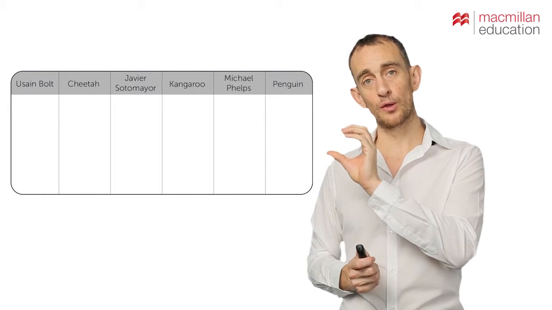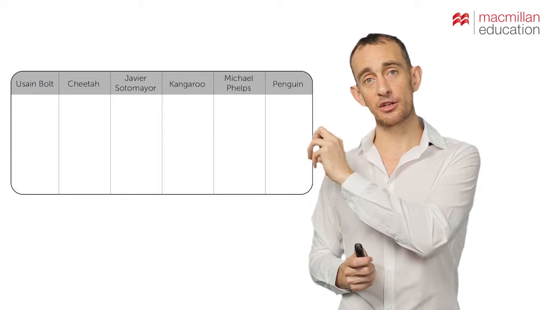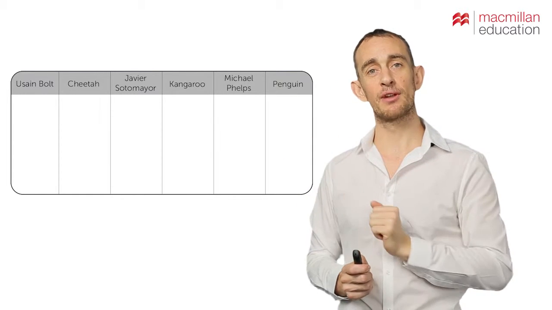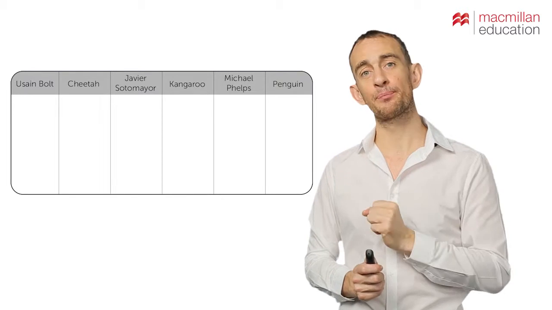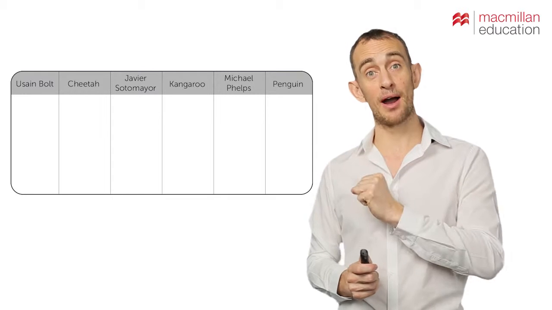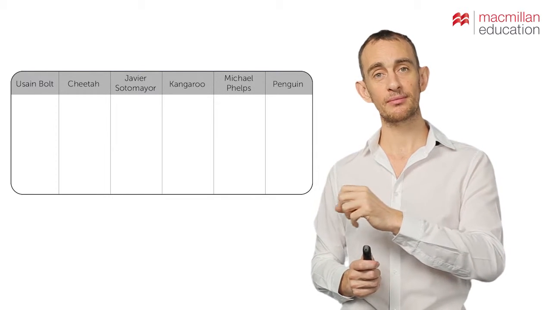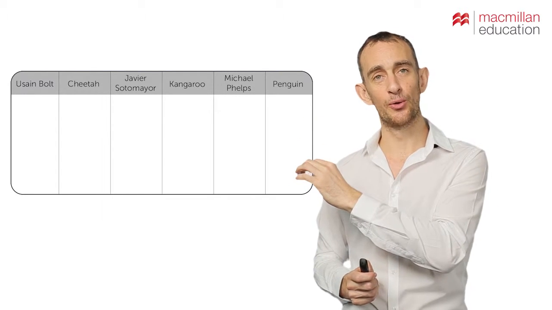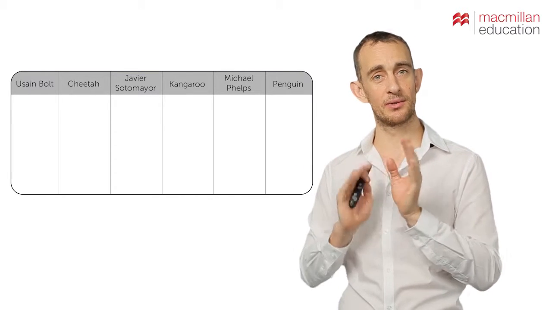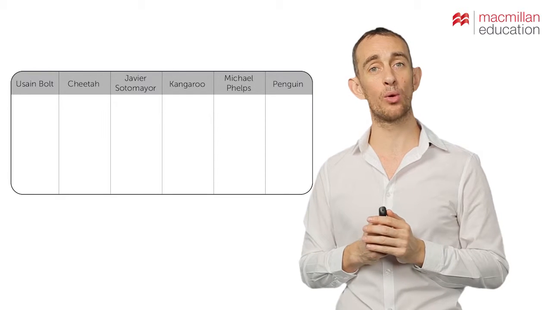For example, on the board, the teacher might have a category for Usain Bolt. Second category might be for cheetah. Third category might be for Javier Sotomayor, a high jumper. The red kangaroo, Michael Phelps, and the penguin. So 6 different categories on the board.